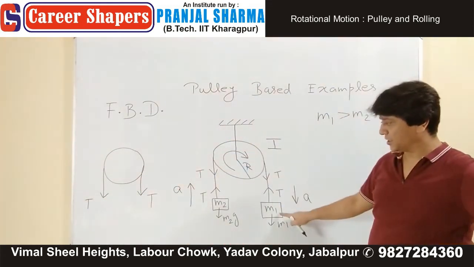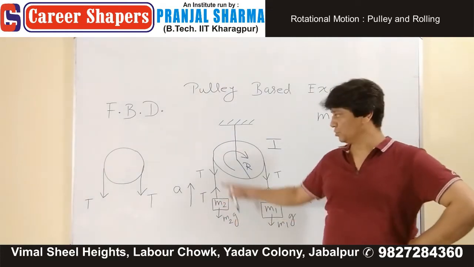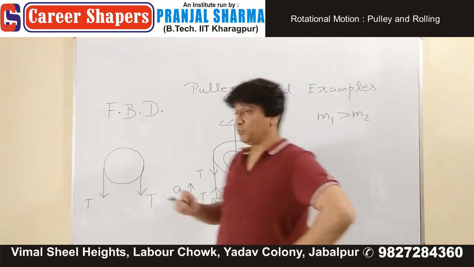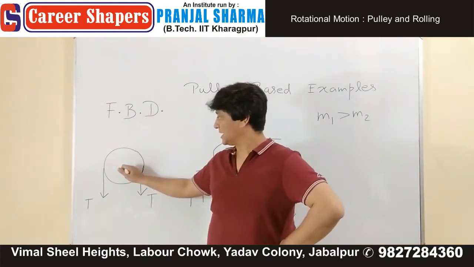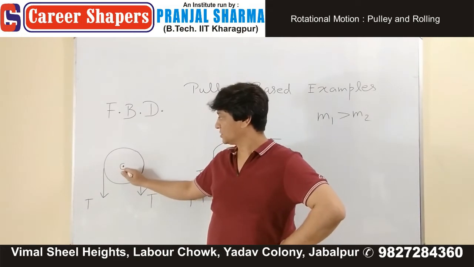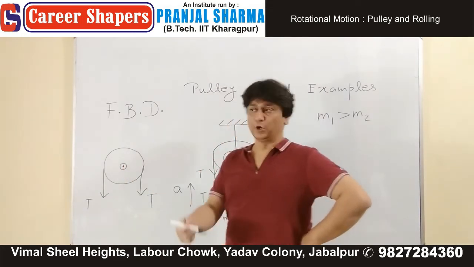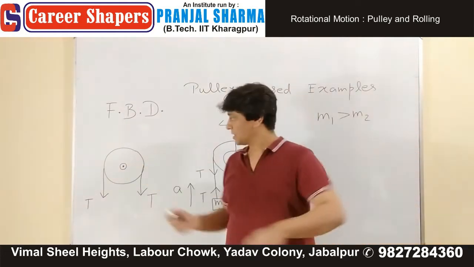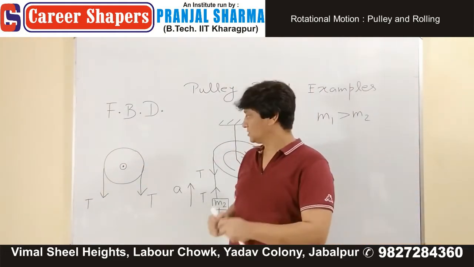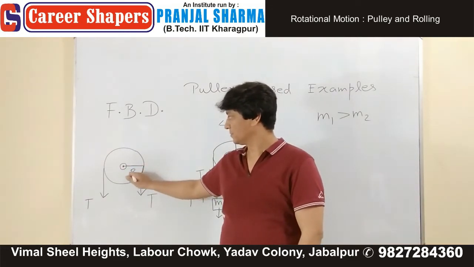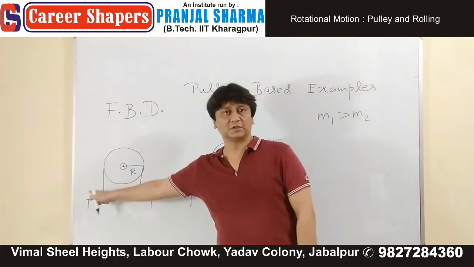This T is acting on M1, this T is acting on M2. These are the forces acting on the pulley. And pulley can rotate about its center. So this is the axis of rotation for the pulley. From the axis, at a distance of R, you have two forces, T and T.